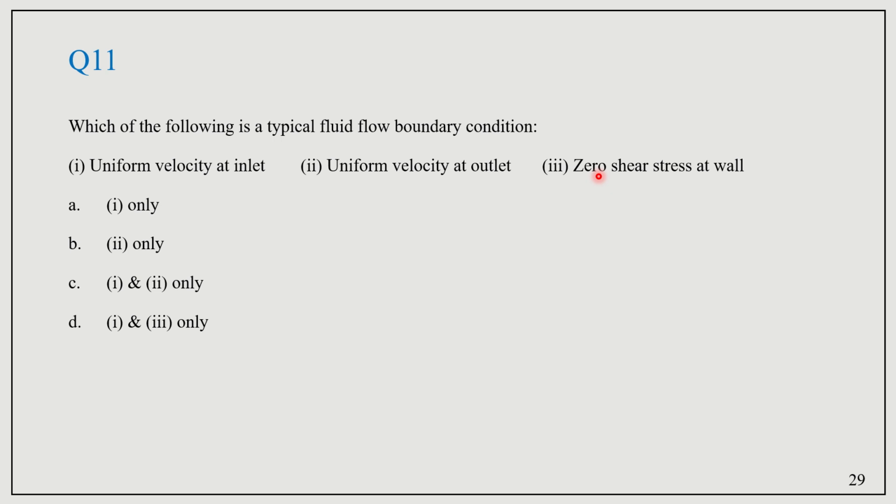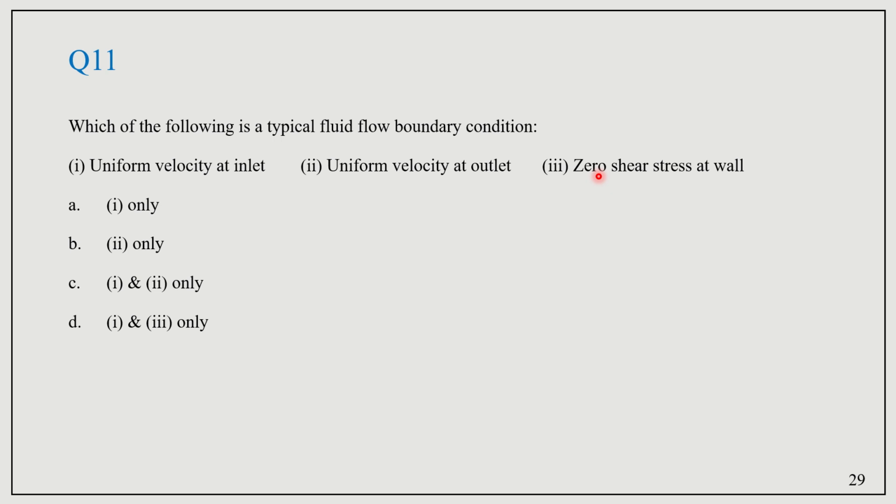We need to specify it in such a way, but we cannot specify the velocity value at the outlet. Uniform velocity at outlet we cannot specify. Maybe some other conditions in terms of gradients we can give, but not a uniform value.